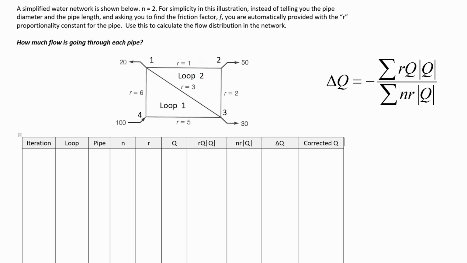We've got an extra 50, right? Because 70 coming in, 20 going out. That means we've got 50 that we somehow have to assign to these 2 pipes. So let's just assume that pipe 1-3 gets 25, and that means the pipe 1-2 has to be 25 as our first guess.